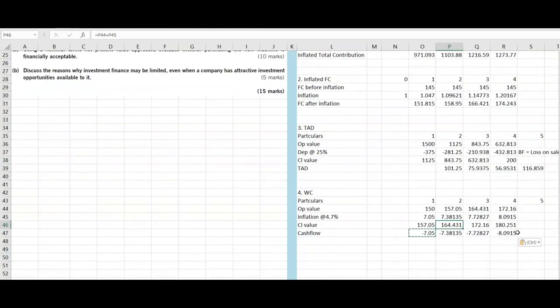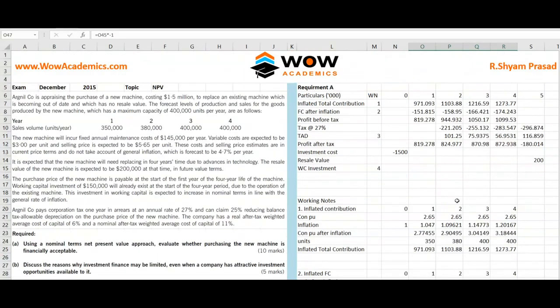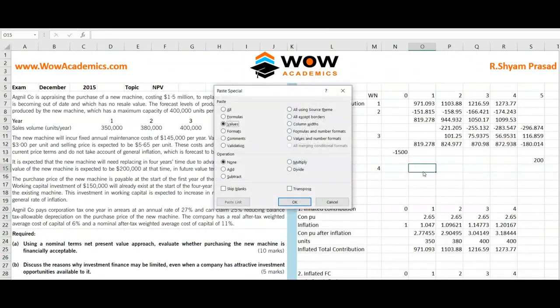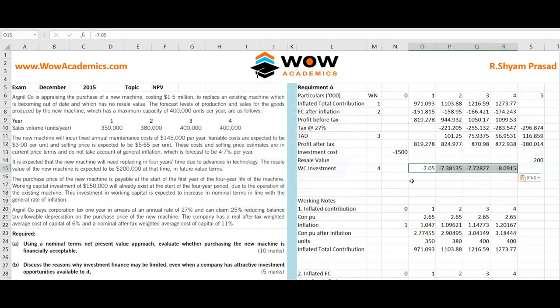So this working capital will not be released. There's only going to be investment in this working capital. So we can take these 1, 2, 3, 4 numbers and put them here. So we have got these numbers. So that's it. We can now find out the cash flow.